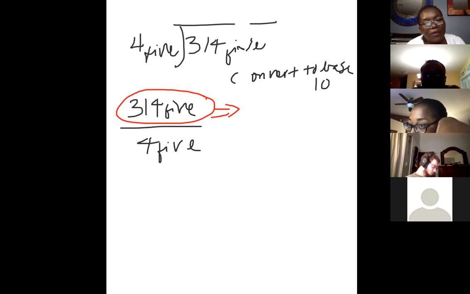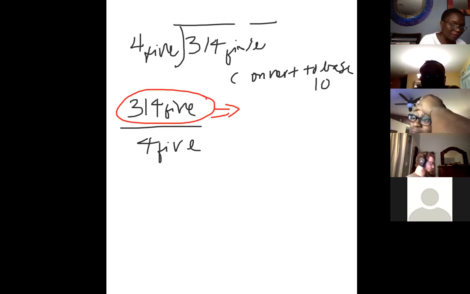It's a small number going to a large number, so we're going to multiply, right? Okay, some of you are looking a little fuzzy. So let's recap. The 4 represents 5 to the 0. The 1 represents 5 to the first. And then the 3 represents 5 to the second.